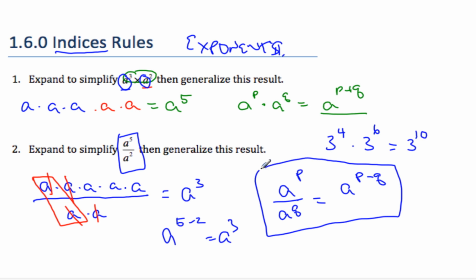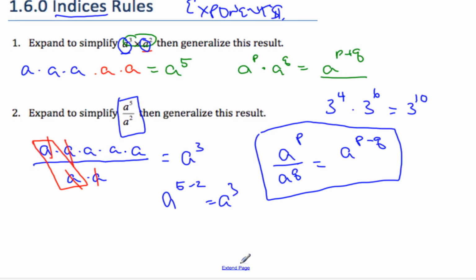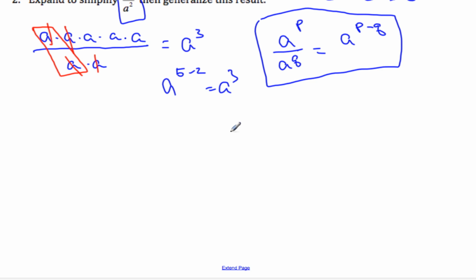So if I do an example, let's say I have a to the 7th over a to the 11th. I get a to the 7 minus 11, which is equal to a to the negative 4. And negatives are okay to have. We can have negative exponents. And next lesson, you'll actually figure out what those mean. But those are fine to have.